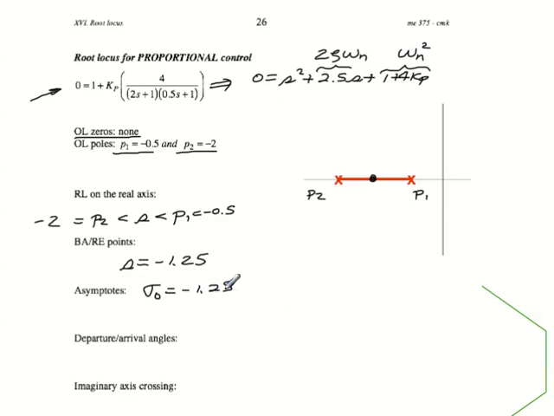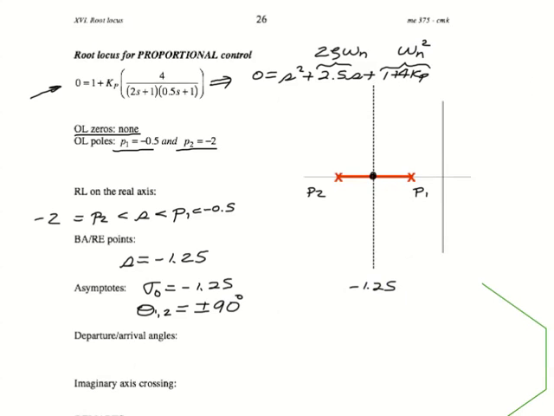And the 2 asymptotes, theta 1 and theta 2, are going to be plus and minus 90 degrees. So one thing that we see from these results is that the breakaway point and the asymptotes become one and the same. That is not always the case. So I'm going to put my dashed line here at the minus 1.25. And again, we know that's the breakaway point, and we know that that's the asymptote.